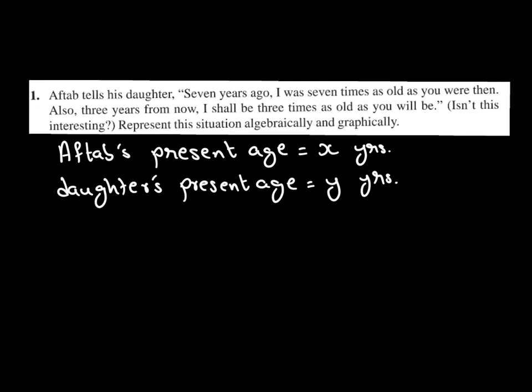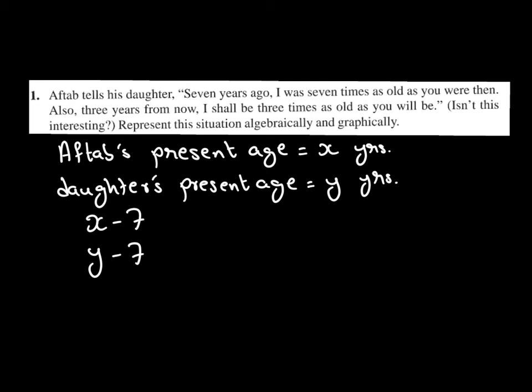So now, coming to the problem, 7 years ago means Aftab's age 7 years ago will be X minus 7. And the daughter's age 7 years ago will be Y minus 7.